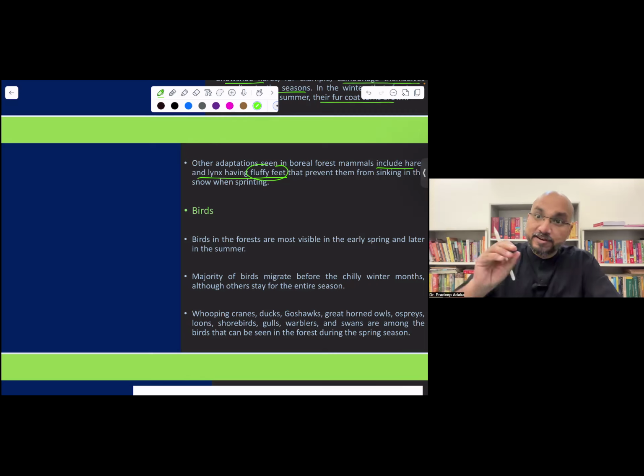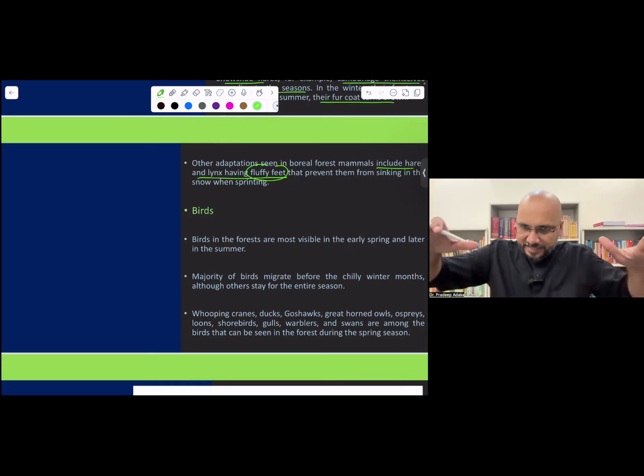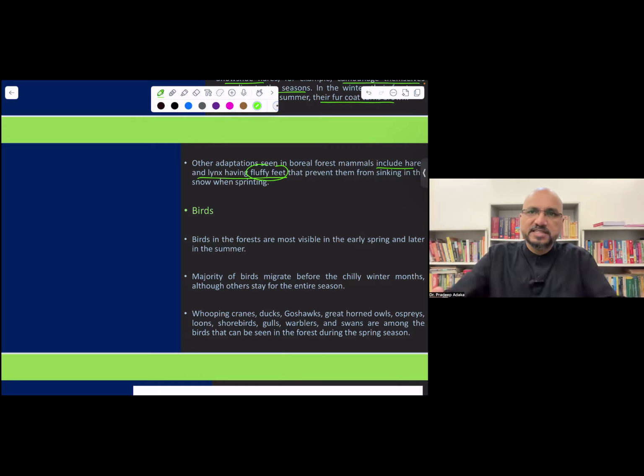So here also they have fluffy feet so that they can walk on the snow. Otherwise, their body will sink into the soft snow. Not subside, the sinking. Subside is not the correct term, sinking.